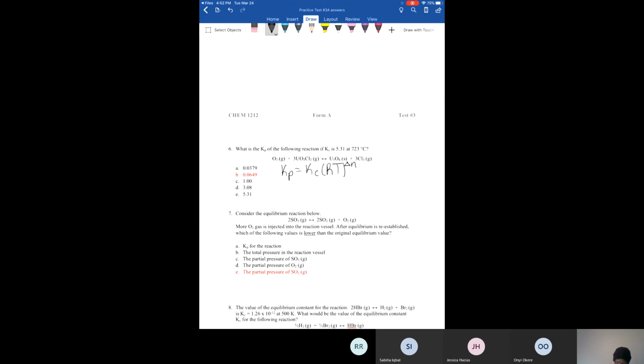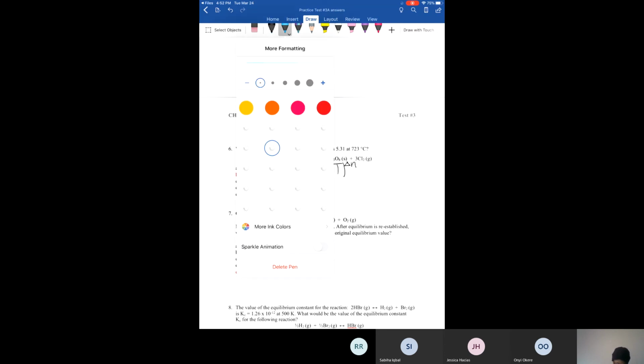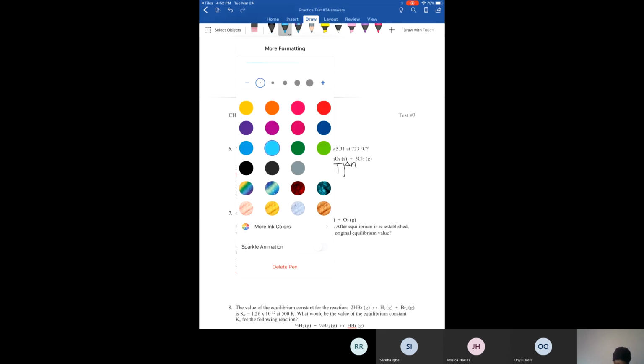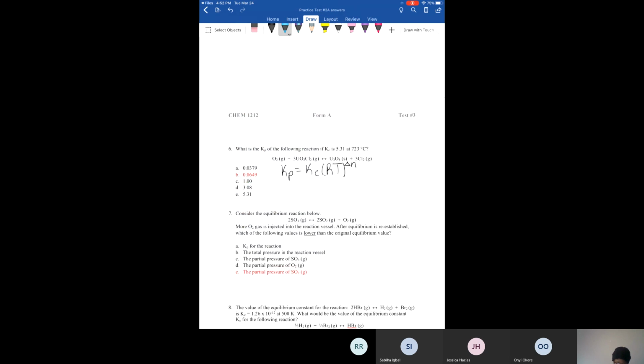It's important to note phases. Phases are always important. So you're not going to use the U3O8, I think. You're not going to use that because it's a solid. So it doesn't go into any of these calculations. Don't use it.